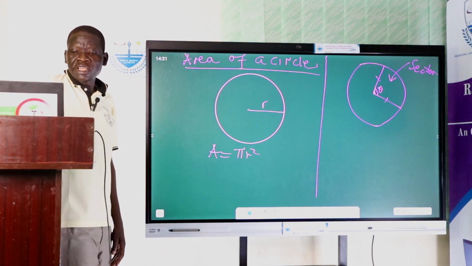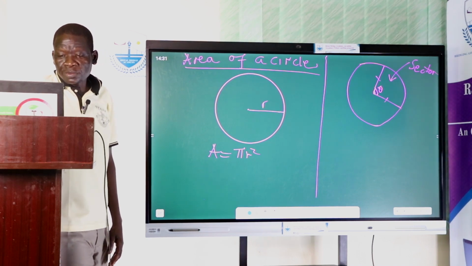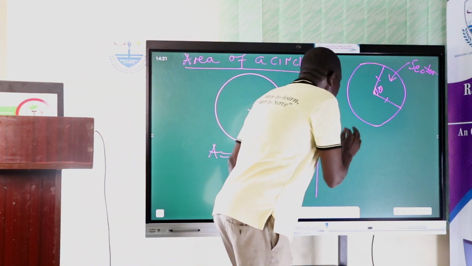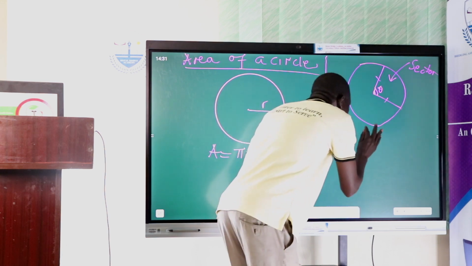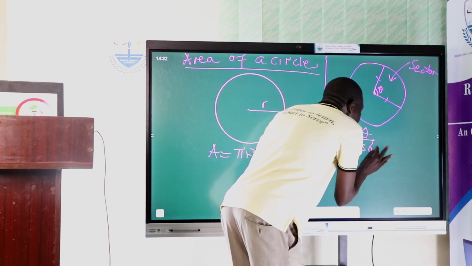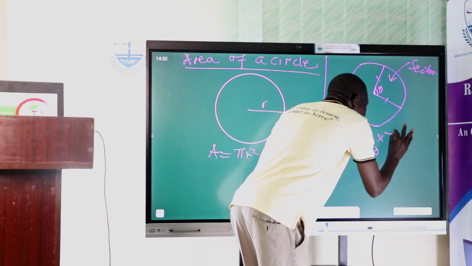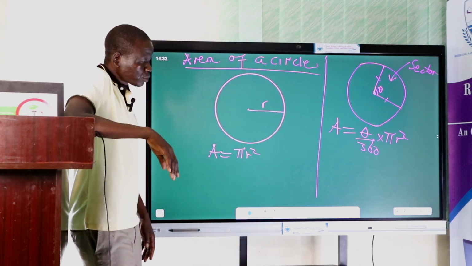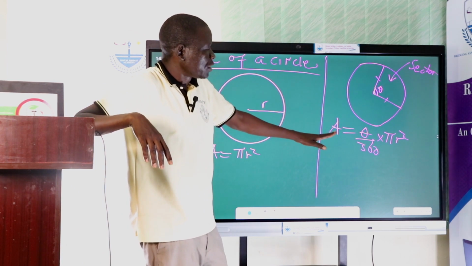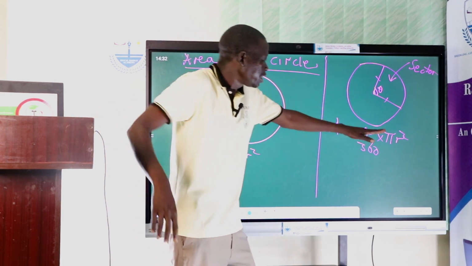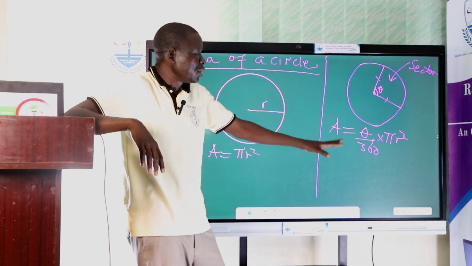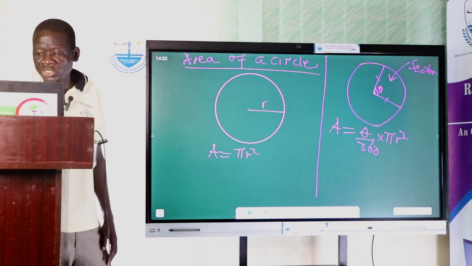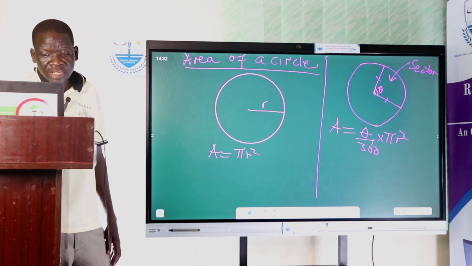Angle divided by 360 times pi r squared. So area is got by our angle, which is theta, out of 360 then times pi r squared. That will be the area of a sector. This same formula can also be derived from first principles, which we shall not look at this time.